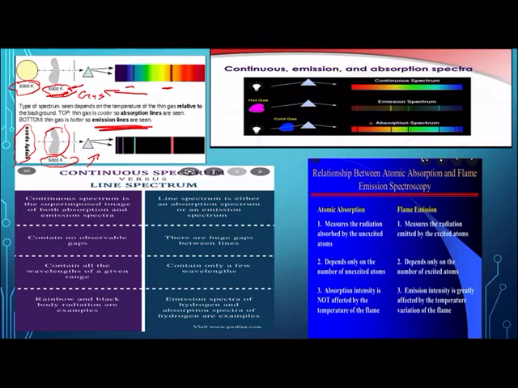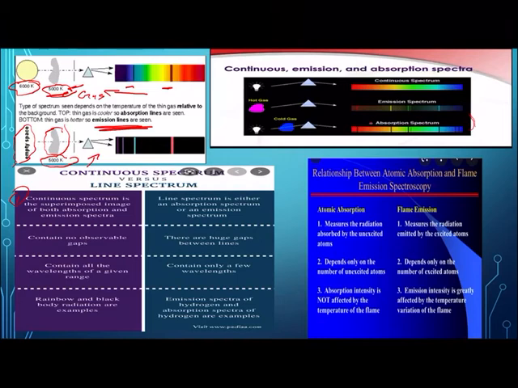Continuous versus line spectrum. Let us see the differences. First of all, a continuous spectrum is the superimposed image of both absorption and emission. It means for the same element, definitely, because each element has its own line spectrum. If we superimpose these two, they give the continuous spectrum.